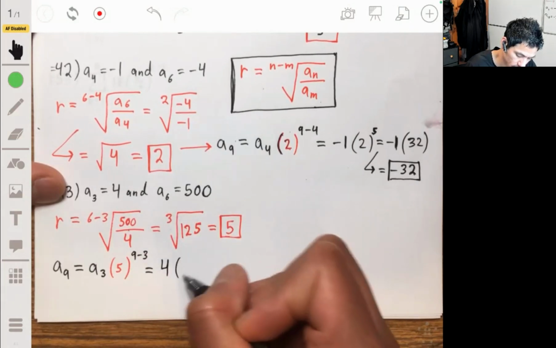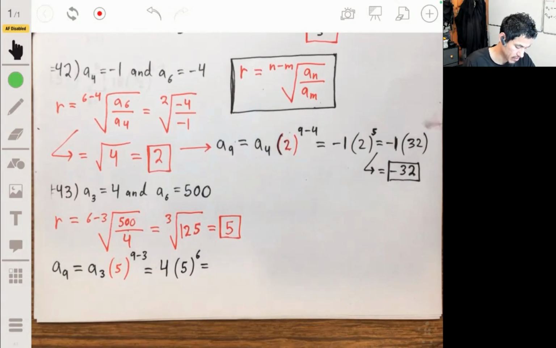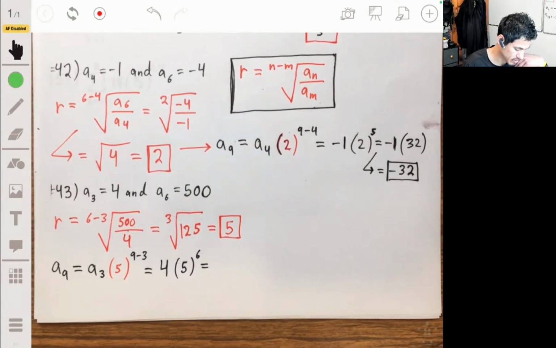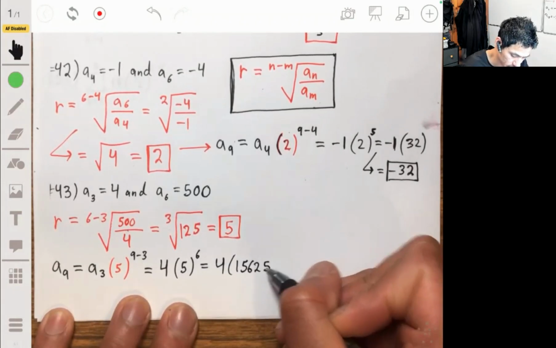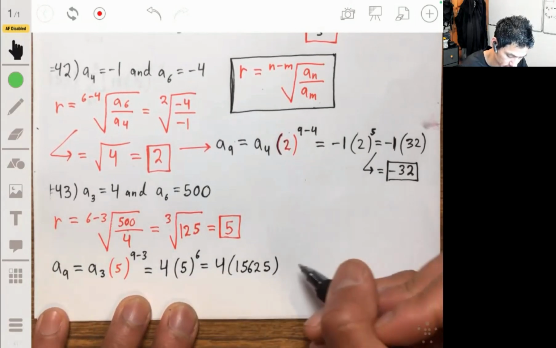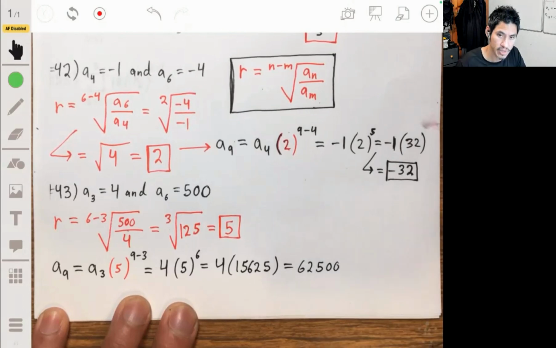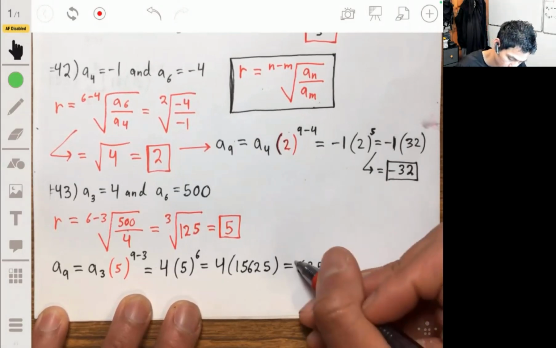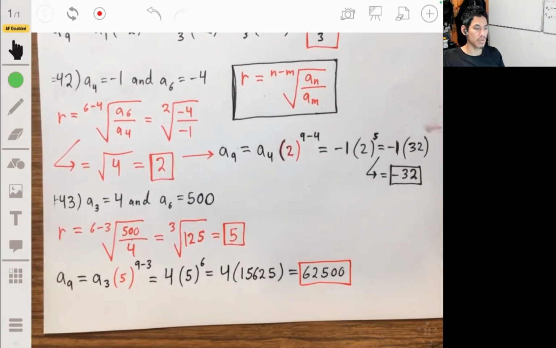A3 is 4. 4 times 5 to the 6th power. 5 to the 6th power is 15,625, times 4 is 62,500. Oof. Almost there, so hang in there.